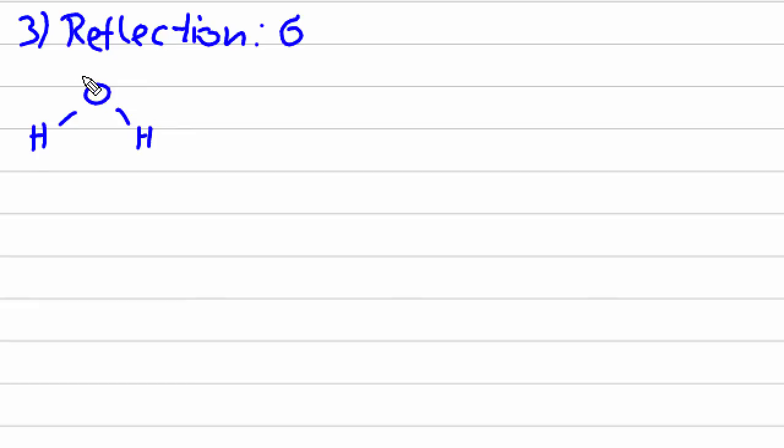So first, again, we need to find where our reflection or mirror plane is. In this case, we could make a mirror image of this molecule when this oxygen atom here is part of the mirror plane, meaning that whatever is on this side goes to that side and vice versa, and oxygen is within this mirror plane.